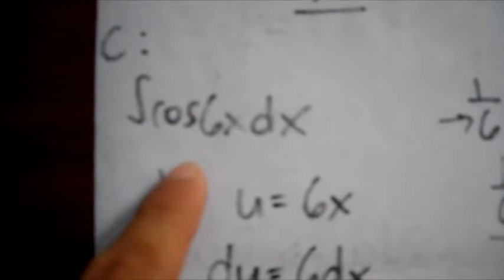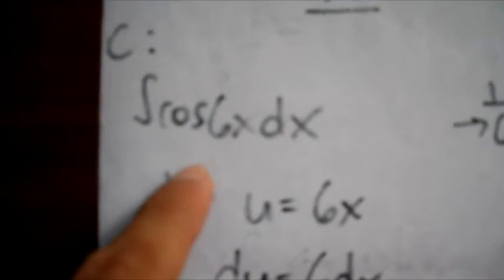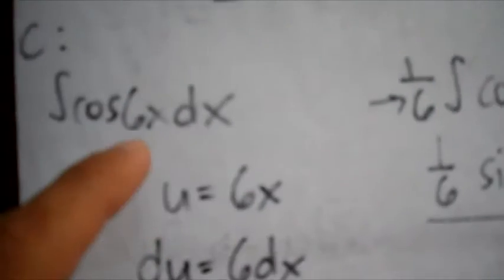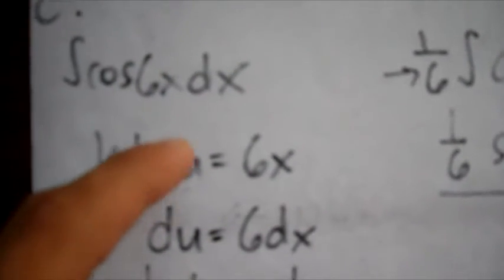To get the solution for B, which is the integral of dx, it is simply equal to x. For the term C, which is the integral of cosine 6x dx, as we have done earlier, we just substitute the term 6x with u.